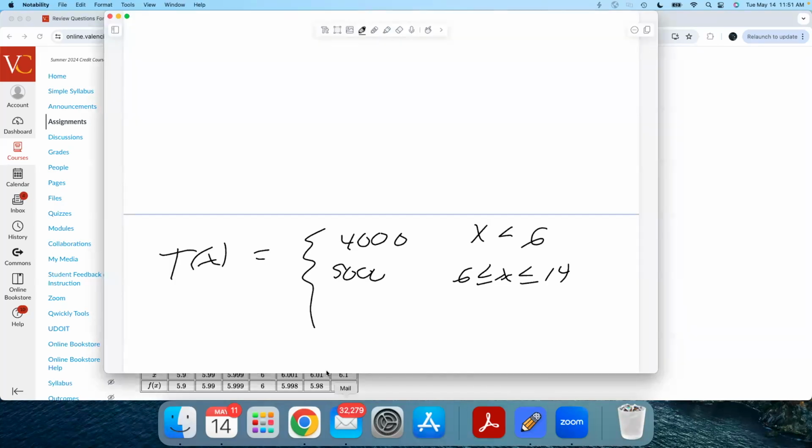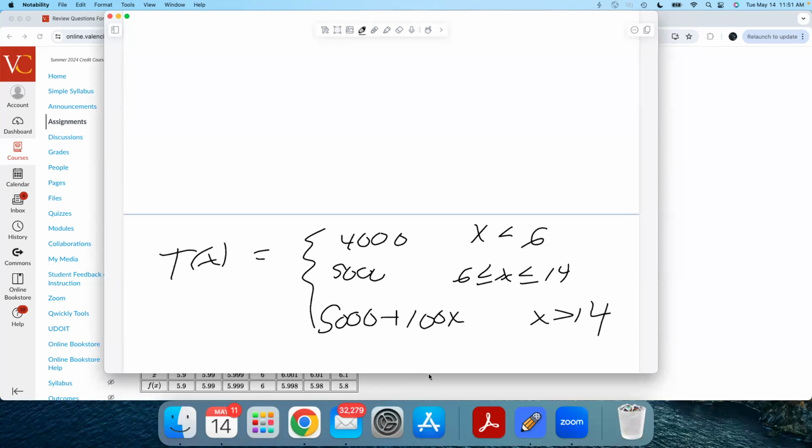So it's not 5,000 plus X for X bigger than 14. Because if I plug in, say, 15, it's not this. If I plug in X equals 15, I don't want 15 times 100.